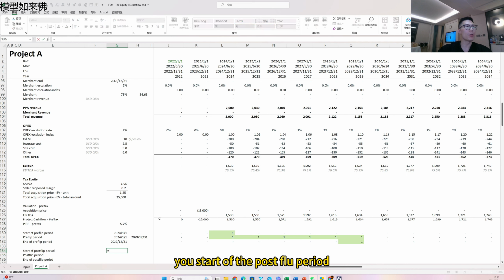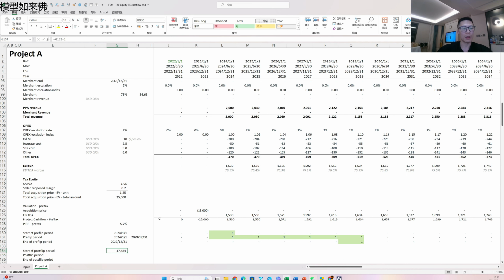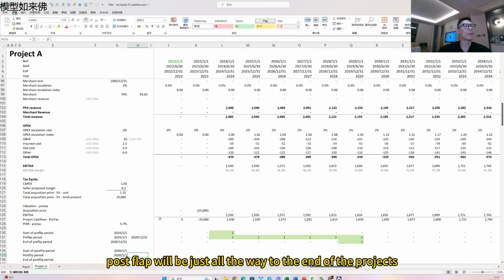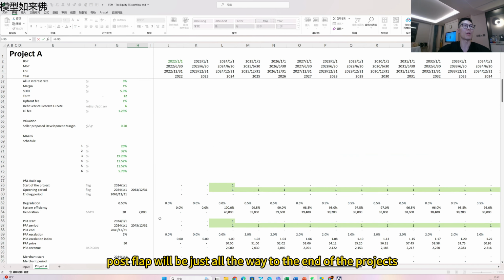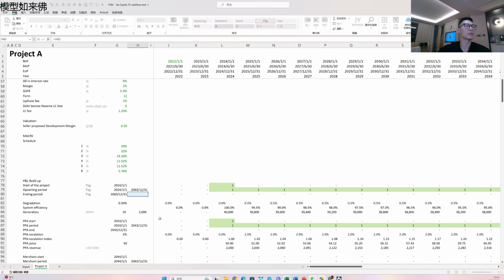The start of the post-flip period is the end of the pre-flip period plus 1. And the end of post-flip will be just all the way to the end of the projects.